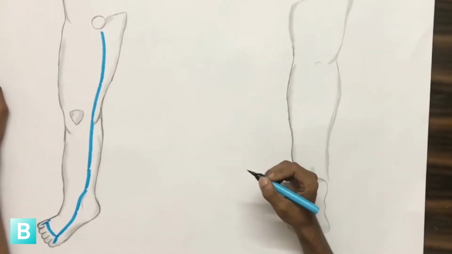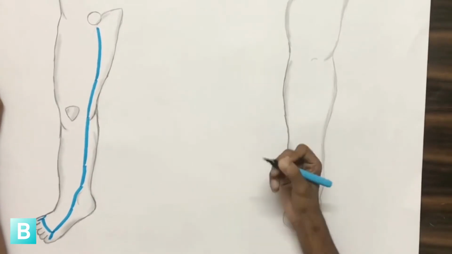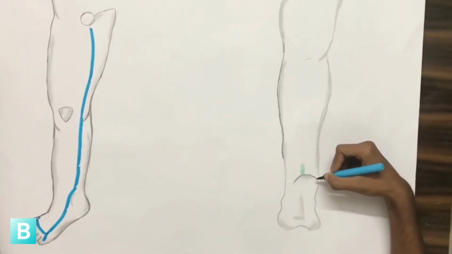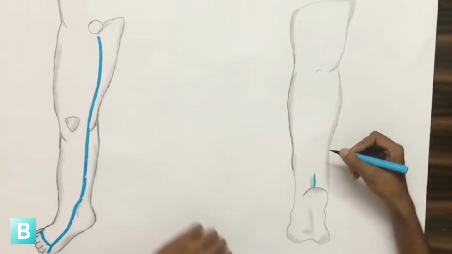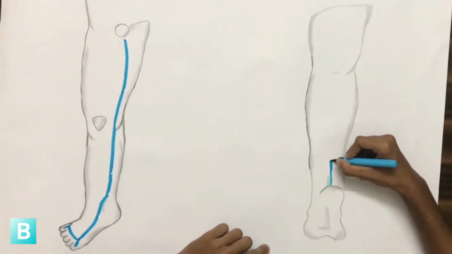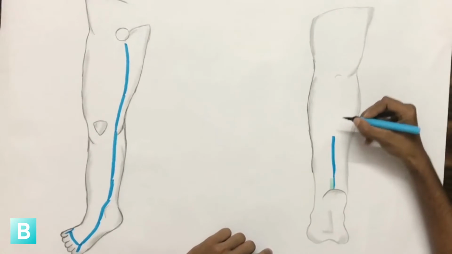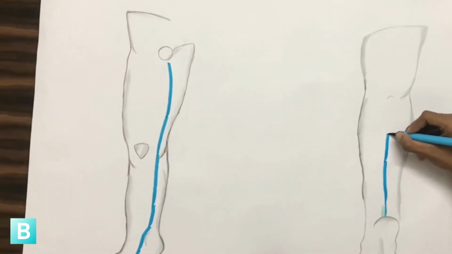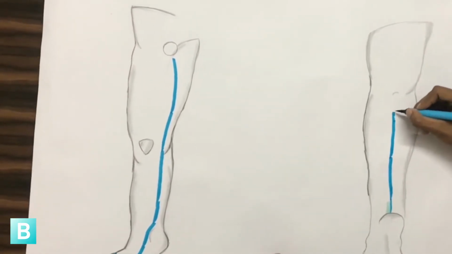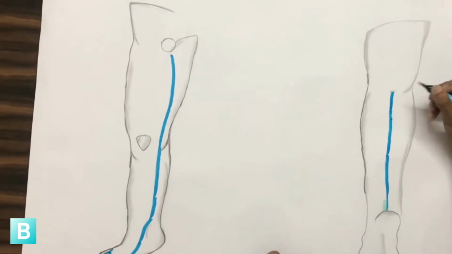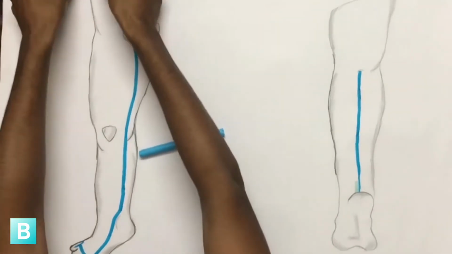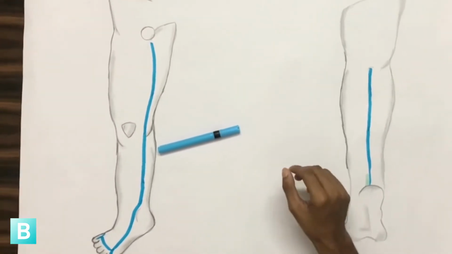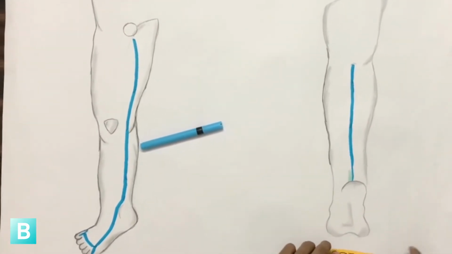It goes behind the lateral malleolus, ascends upwards on the lateral edge of the tendocalcaneus, and goes up the middle of the leg. It passes exactly through the middle of the popliteal fossa, finally draining into the popliteal vein. So this is the great saphenous vein, and this one is the short saphenous vein.